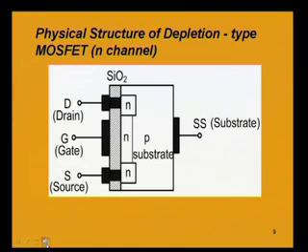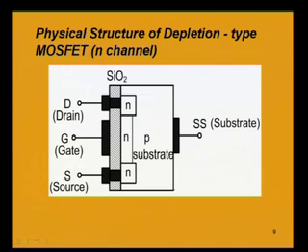So, there are N channel as well as P channel depletion type MOSFET, but we will be discussing about the N channel first. So, here the physical structure for the N channel depletion type MOSFET is shown here.